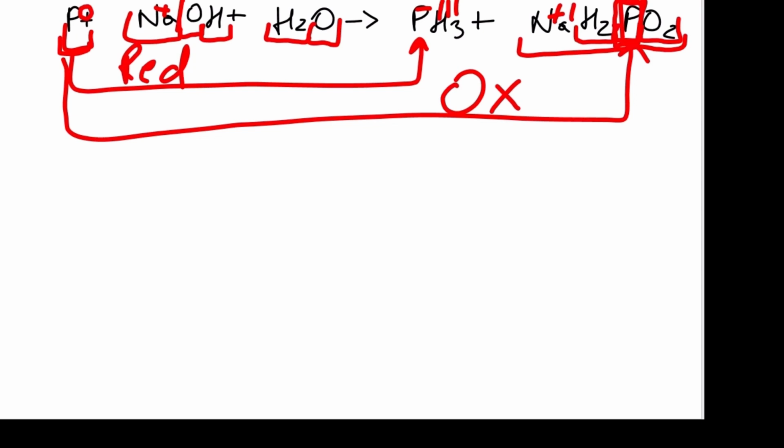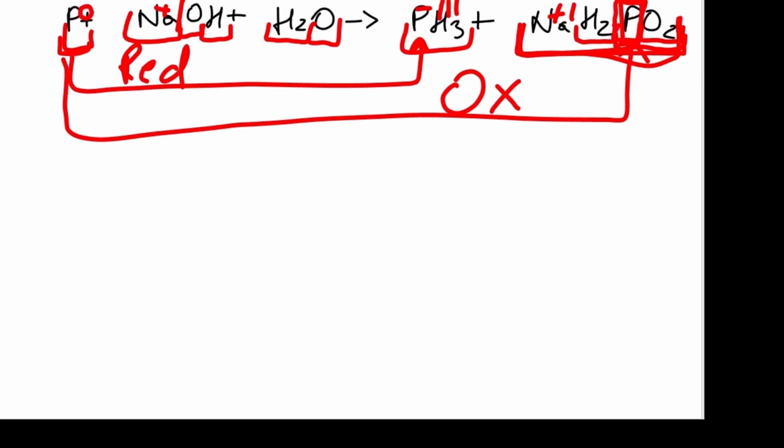So from one oxidation state of one element, we can obtain the same element but in two different oxidation states, in two different compounds. Here as a phosphine and here as a salt with sodium and phosphinic acid. So we get here sodium dihydrogen phosphinate.